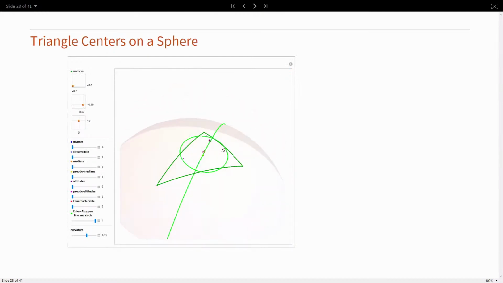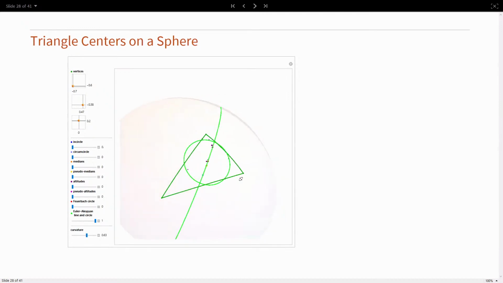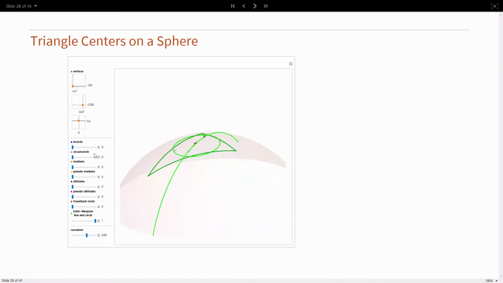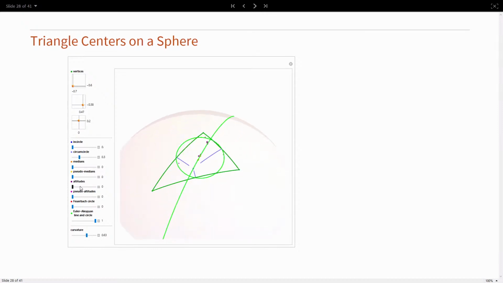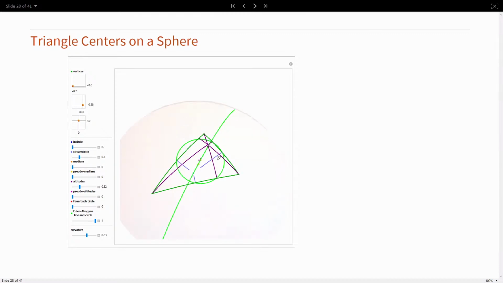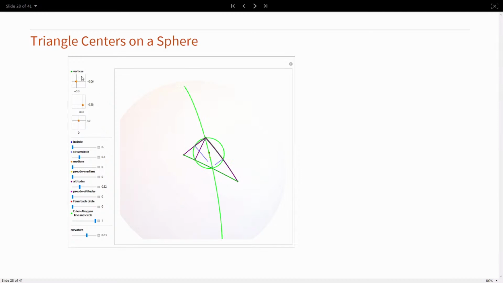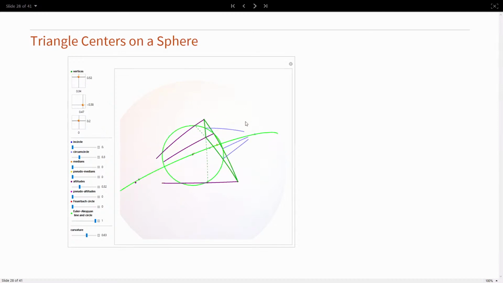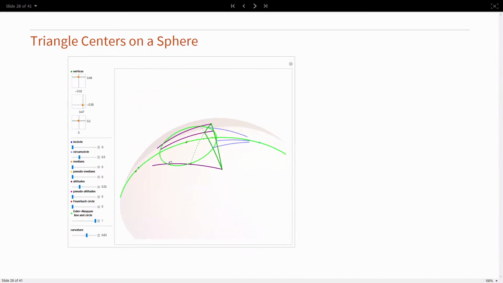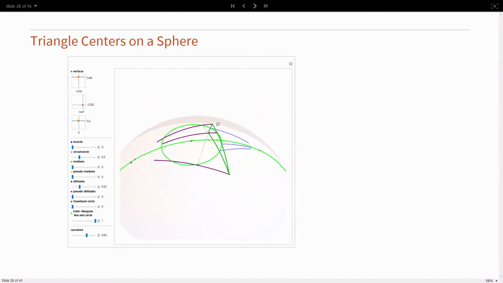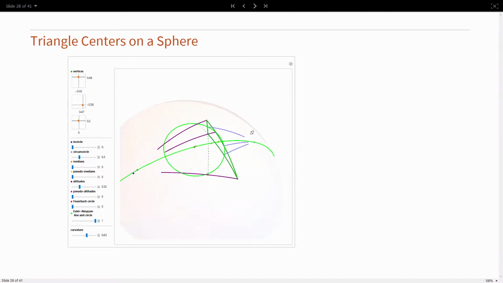We can also look at points and lines, like we can do on a sphere like this. We can do things like circumcircles and altitudes and whatnot. We can move the vertices around. So this is a demonstration, triangle circles on a sphere, where you can play around with triangles on a sphere and find their various properties.